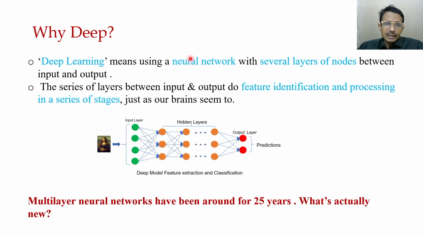As we have understood, deep learning means a neural network with several layers of nodes between input and output, and this series of layers does the feature identification and processing in a series of stages. That is very important. This feature identification and processing in a series of stages is just what our brain seems to do.